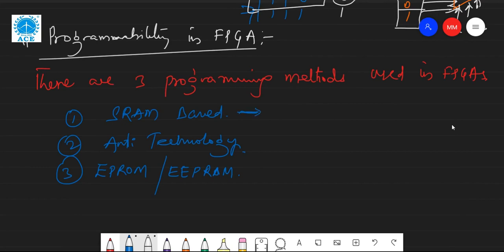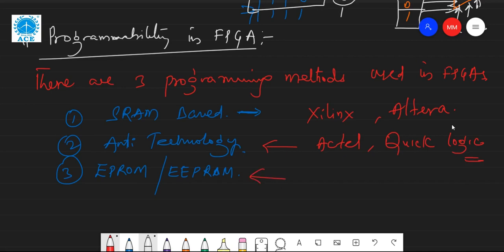Generally, the vendors following this technology are Xilinx and Altera. This technology and the anti-fuse technology are used in industries most of the time. The anti-fuse vendors are Actel and QuickLogic.